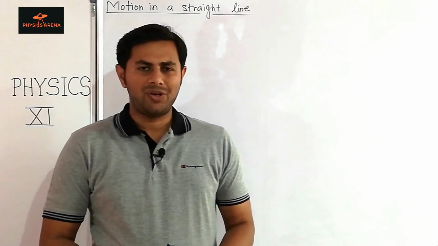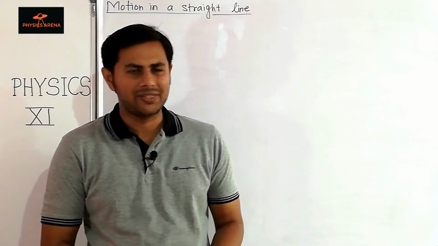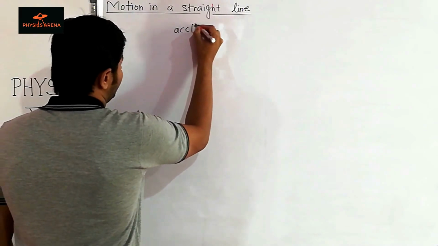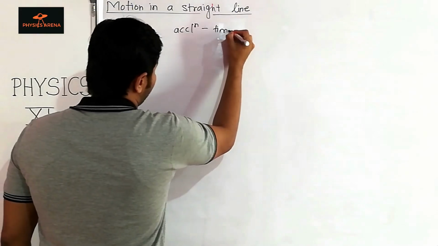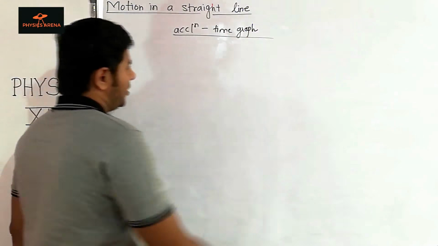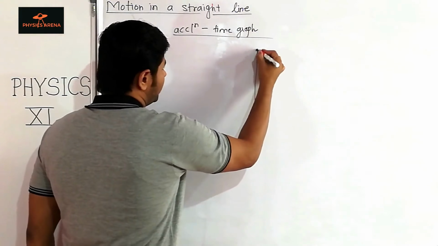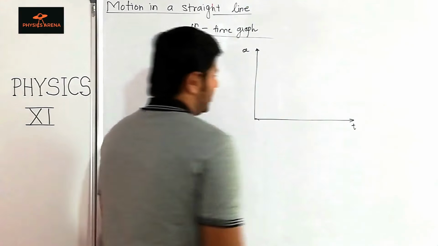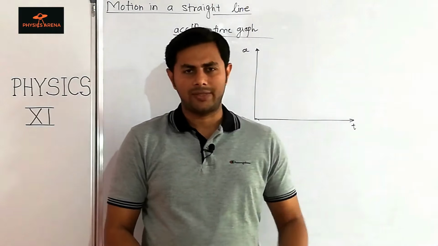Now let me plot the last graph for this lecture, and that is the acceleration versus time graph. We are going to attempt only one of these, and that one is for uniform acceleration.